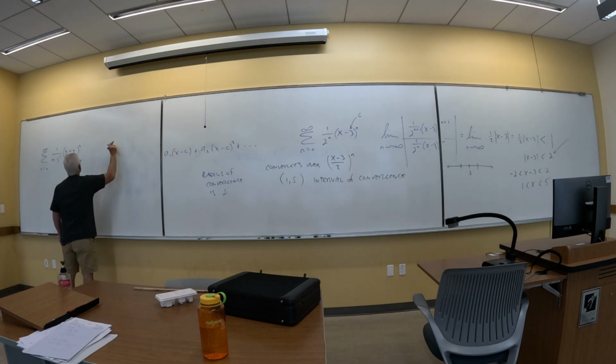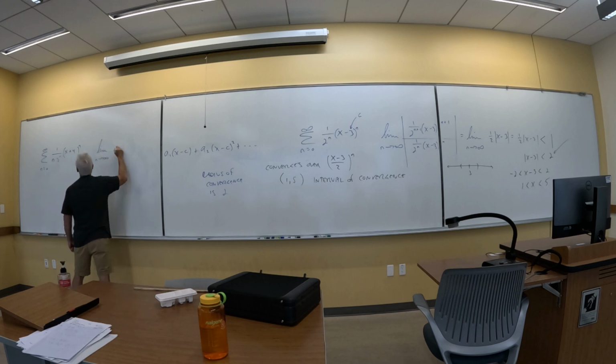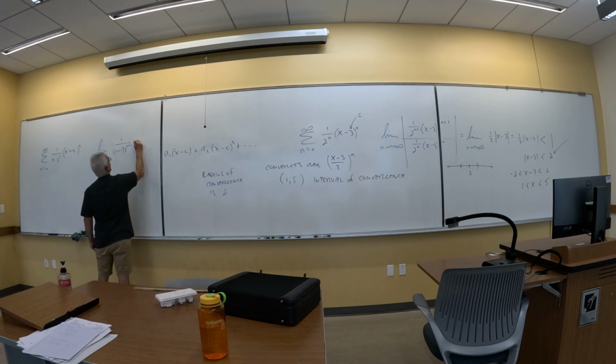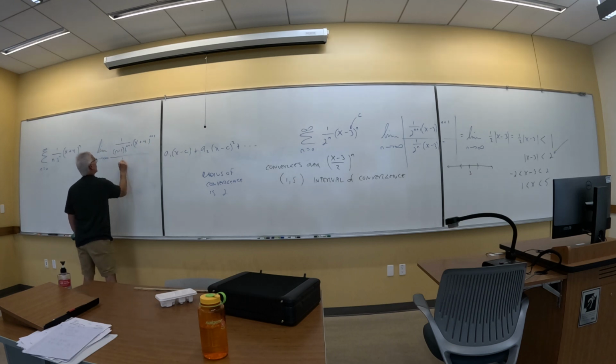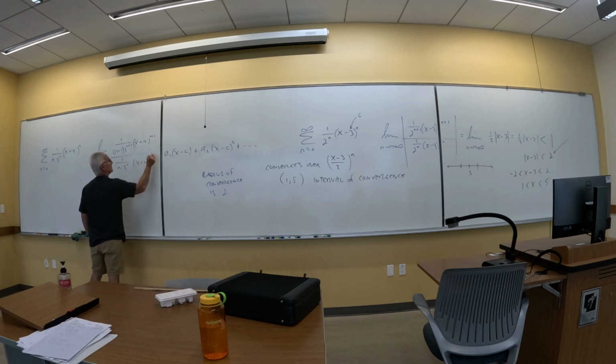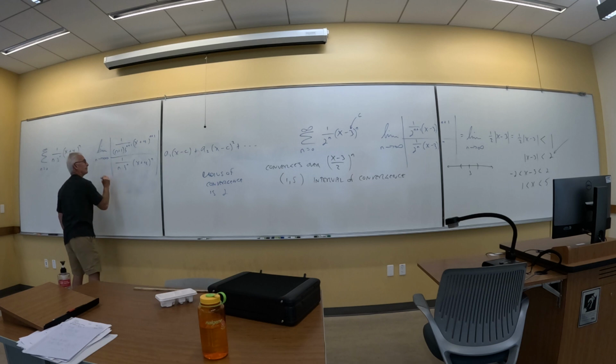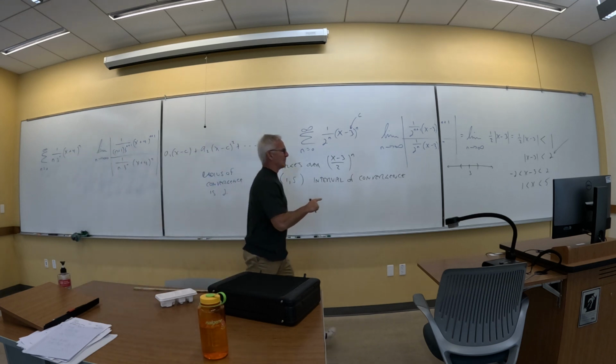So when I start my ratio test, I'm going to have 1 over n plus 1, 3 to the n plus 1, x plus 4 to the n plus 1, over 1 over n, 3 to the n, x plus 4 to the n. I want to go over here just for a moment.